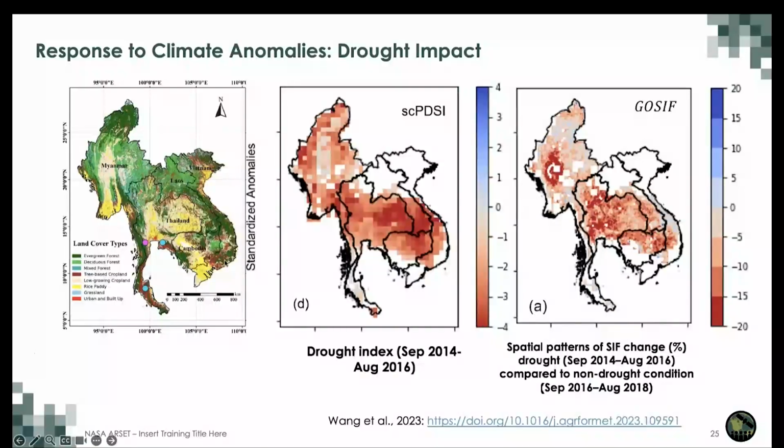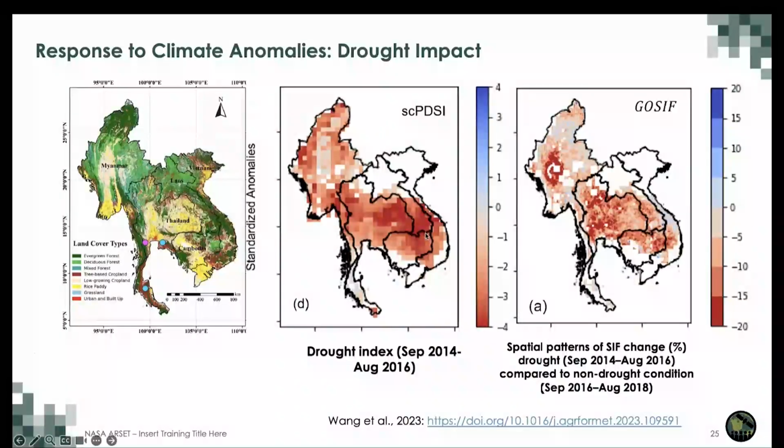The green color represents forest, while the yellow represents mainly cropland. The middle panel shows the drought index averaged between September 2014 and August 2016, about a 2-year time period. Red color means much more severe drought.